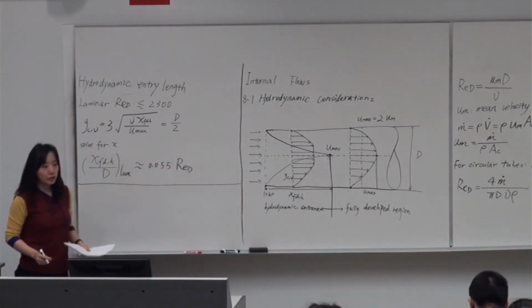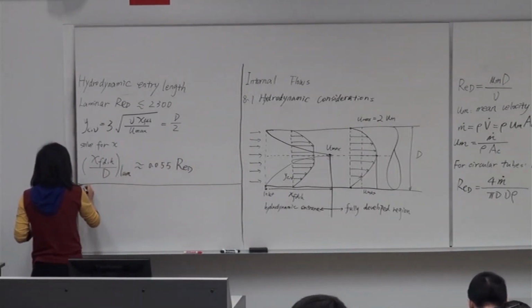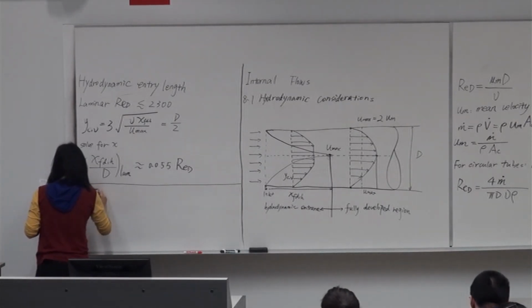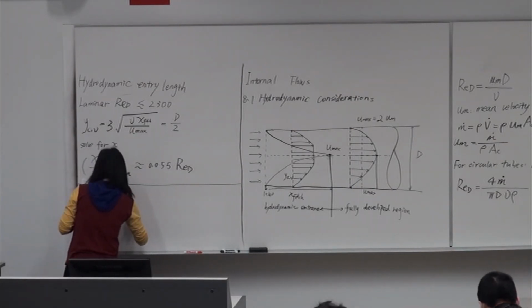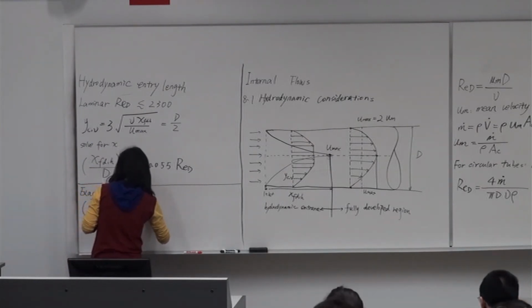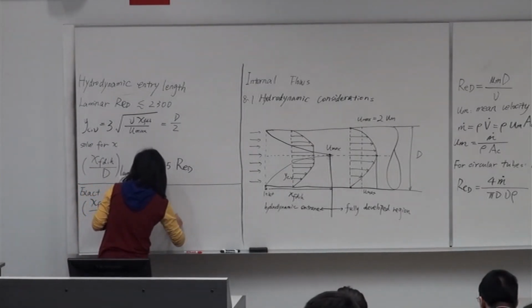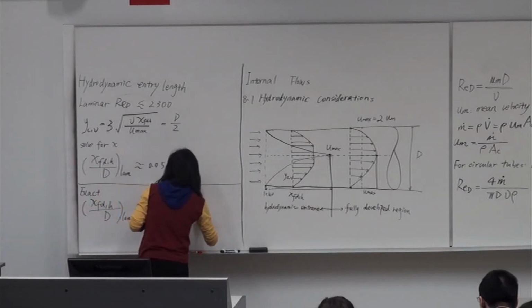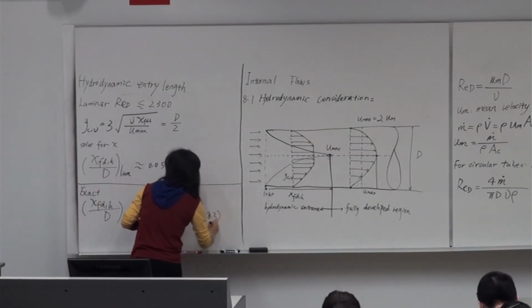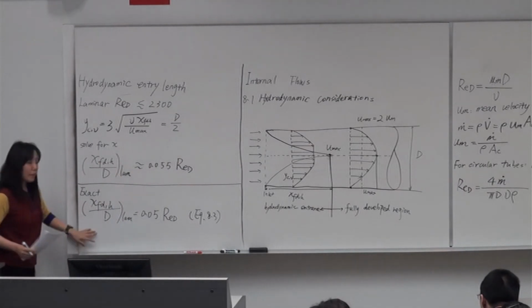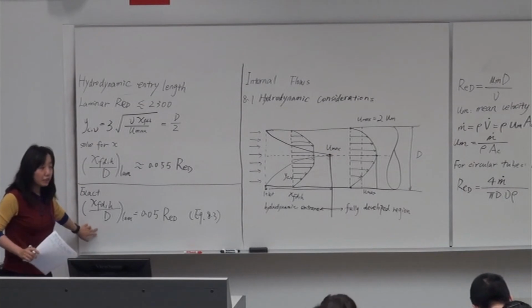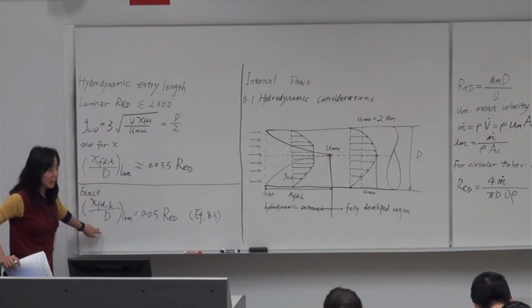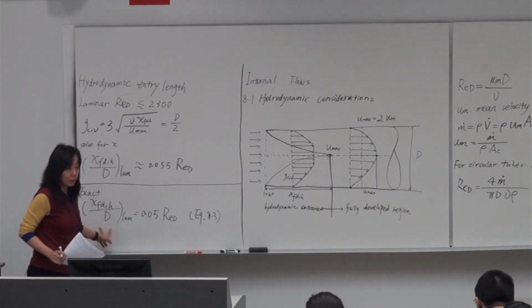The exact solution given by our textbook tells us that the fully developed hydrodynamic entry length for the laminar case is 0.05 times the Reynolds number. And this is our equation 8.3. But I went through the entire textbook yesterday. There's no derivation there. It does not tell us how you can obtain this correlation.